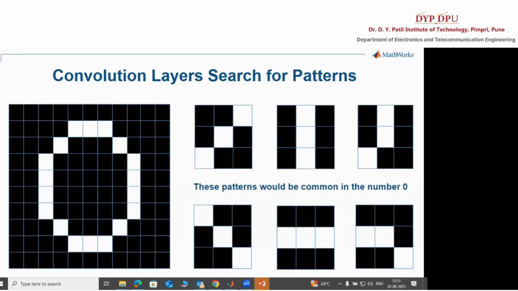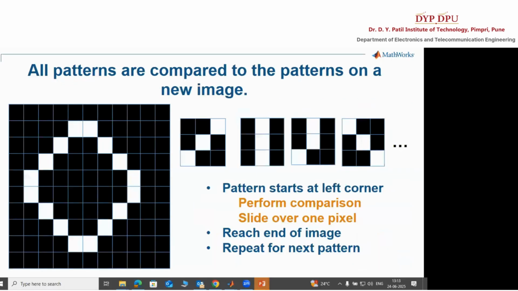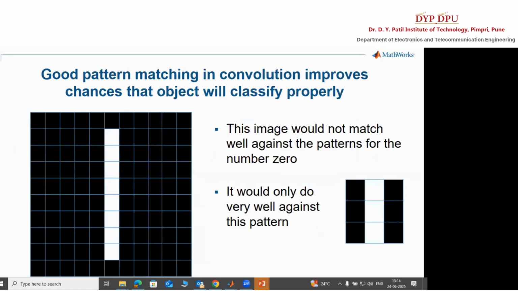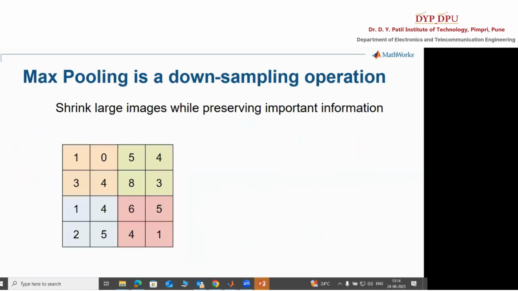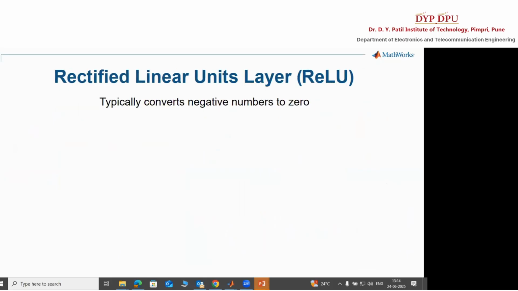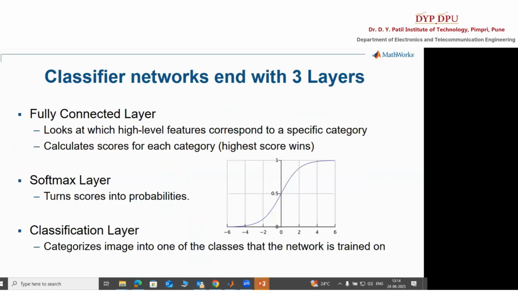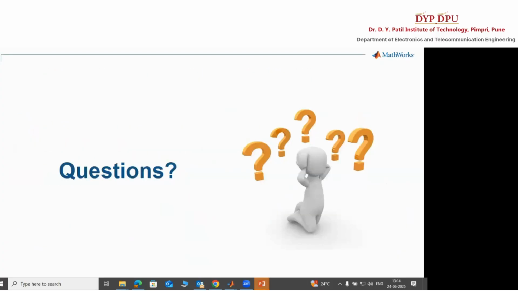How the convolutional neural network works. This is the image, and this is the kernel. The layer will slide over it, and then pixel to pixel you can do that. They have a classification network in three layers.